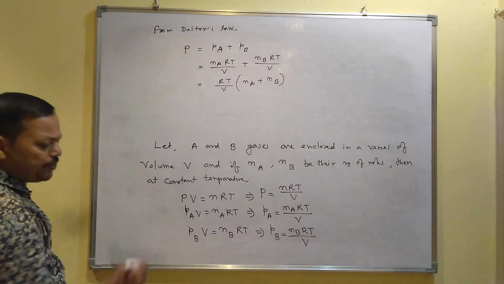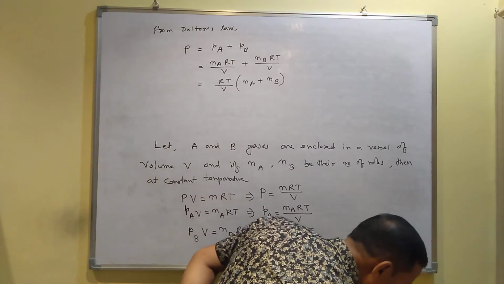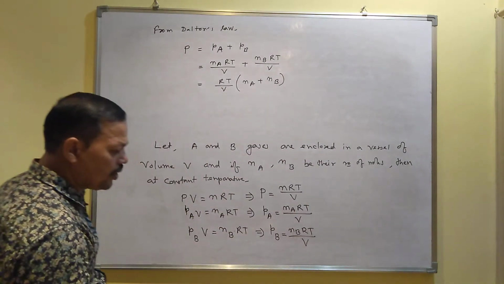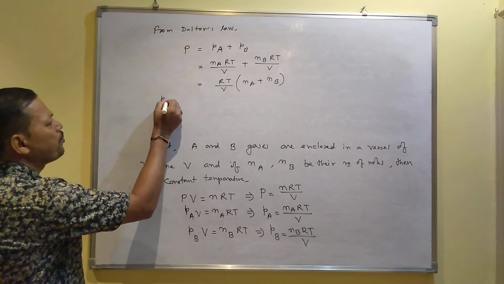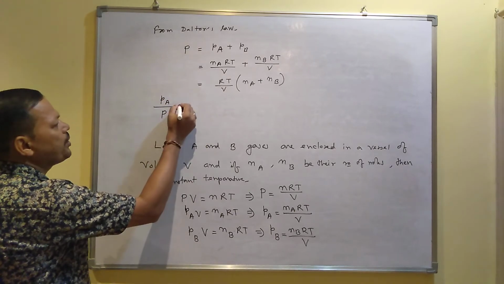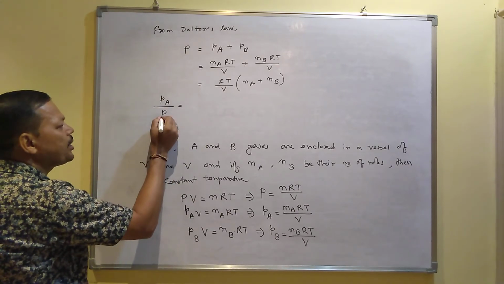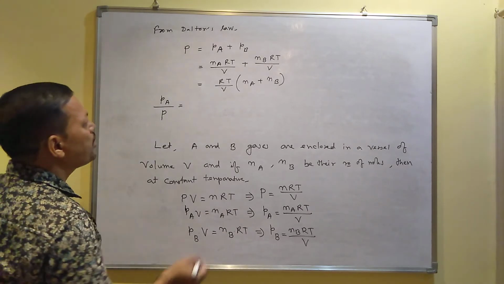Now, if you want to do PA by capital P, I mean partial pressure of A divided by total pressure, then what will you get?